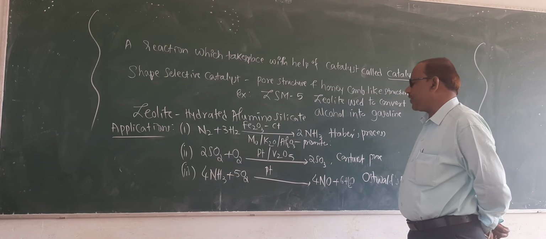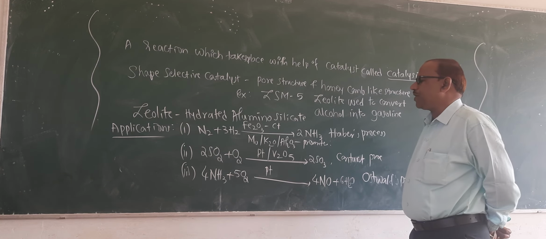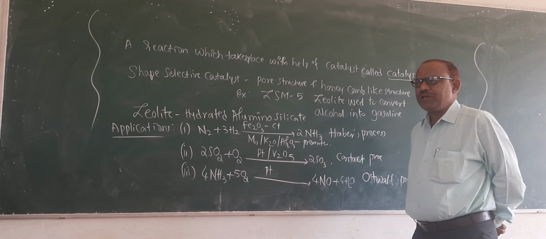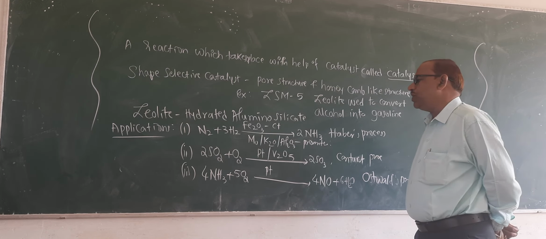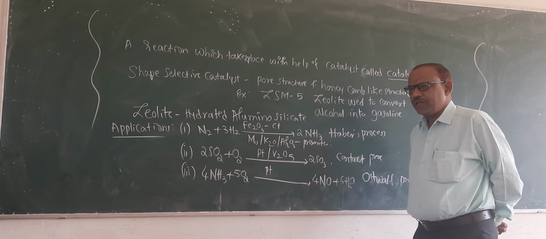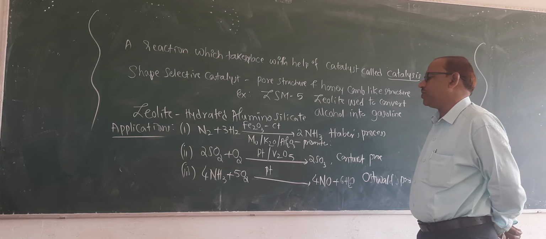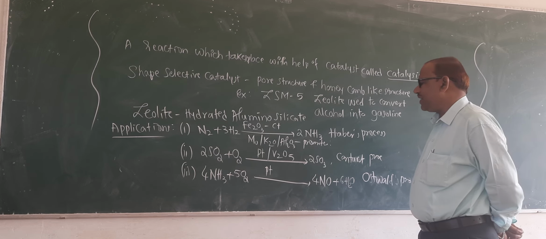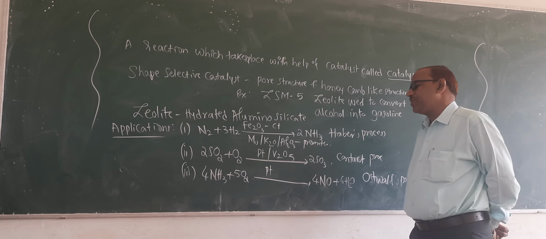Similarly, during the manufacture of sulfuric acid by the contact process, the main reaction is oxidation of sulfur dioxide into sulfur trioxide. During the oxidation, platinum or vanadium pentoxide is used as a catalyst.